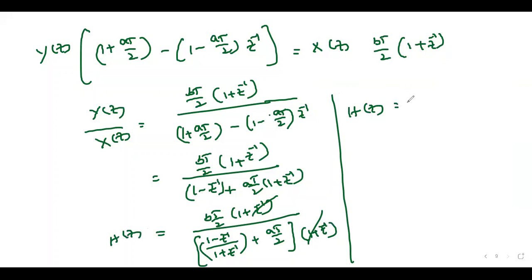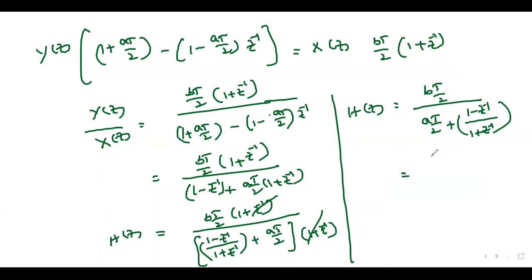This is equal to bT by 2 divided by, here also T not cancel. This is out of the range. Okay, bT by 2 into aT by 2 plus 1 minus z inverse by 1 plus z inverse. Then T by 2 you can take common. Now T by 2 you can cancel it.